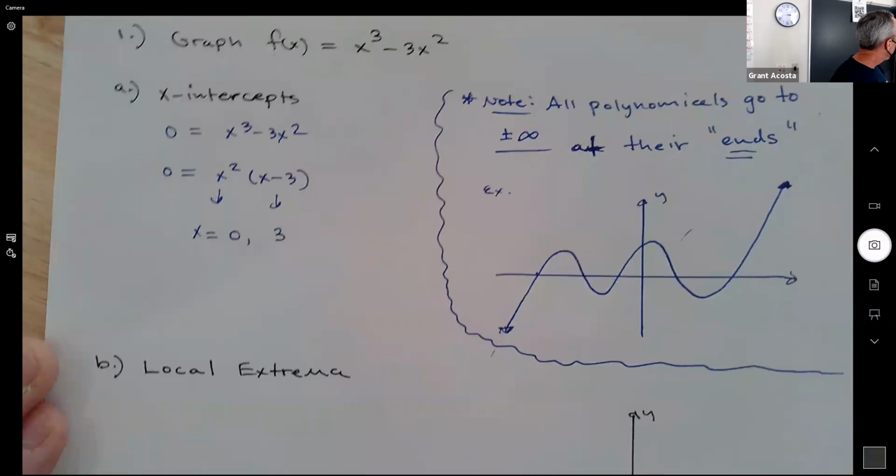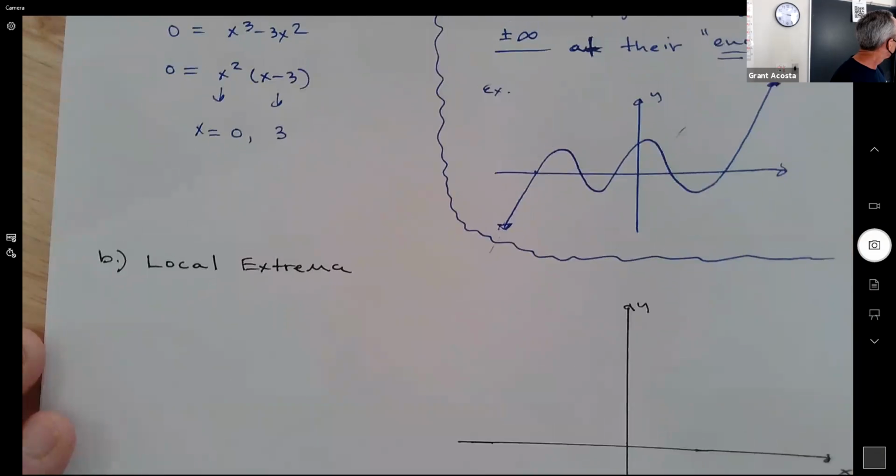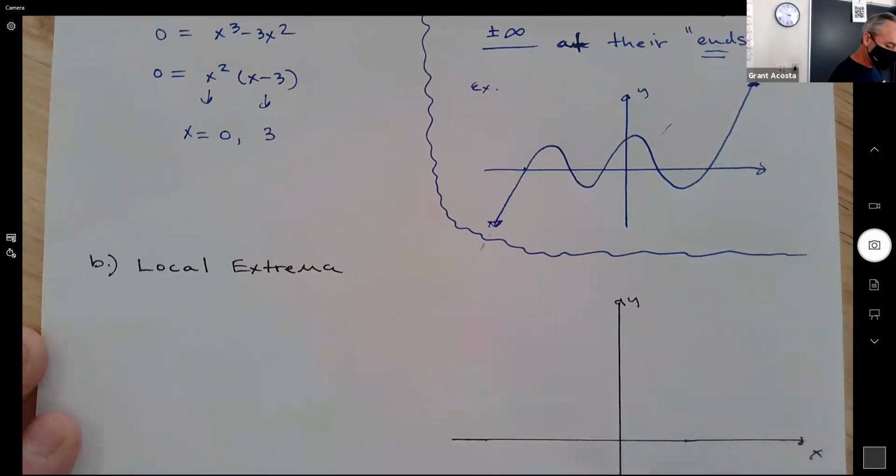This is where I'm going to graph my function right here. So I know my cubic is going to hit the x-axis at 0, and let's say this is 3 right here, (3, 0).